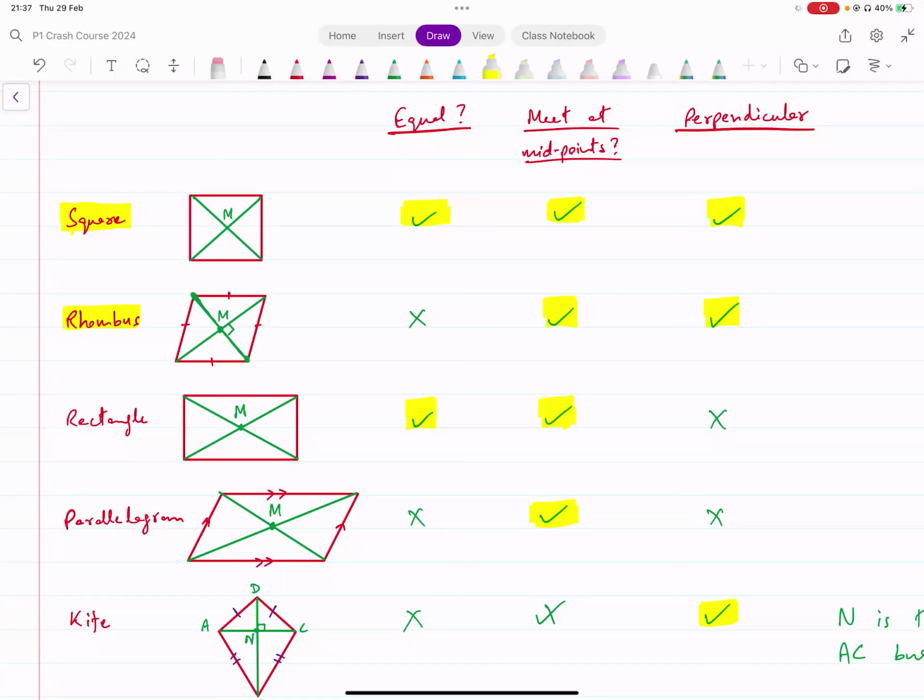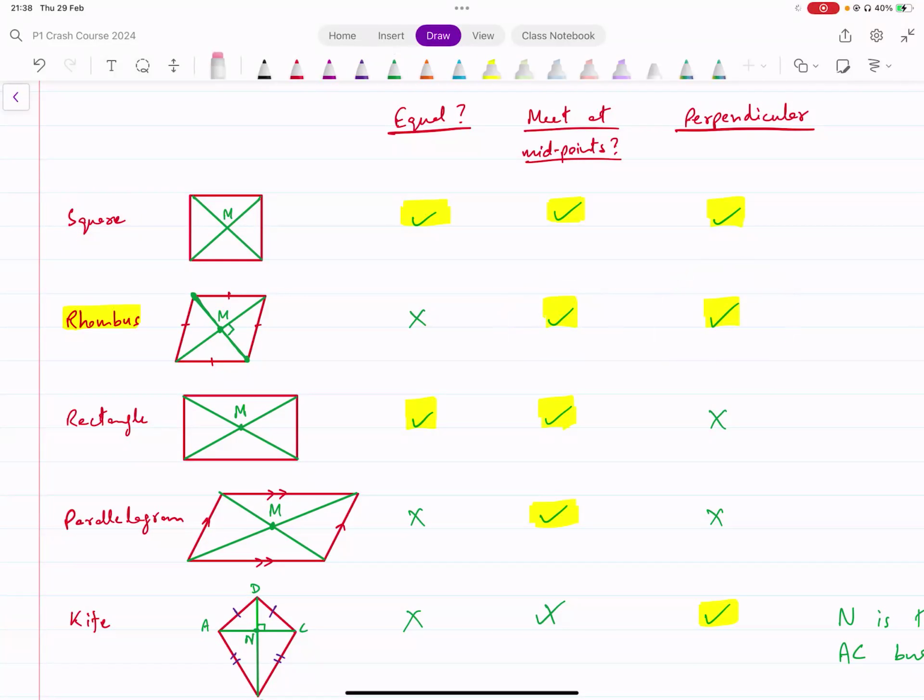The others are kind of easy to figure out in a particular question. This is the one that you might not remember, might not be able to figure out yourself in a question unless you remember it. The ones for rhombus, that the diagonals are perpendicular for a rhombus and they meet at midpoints.